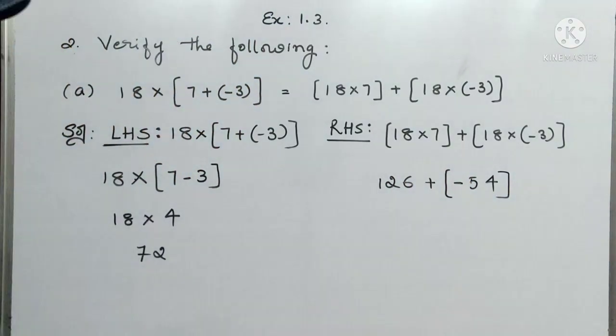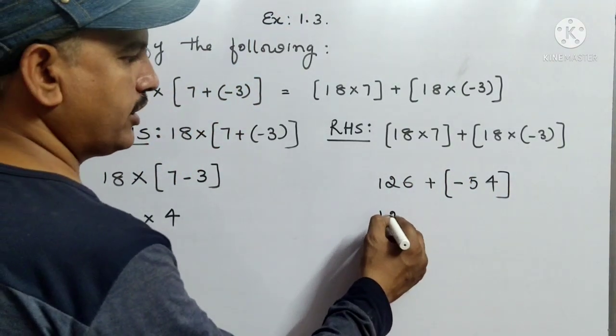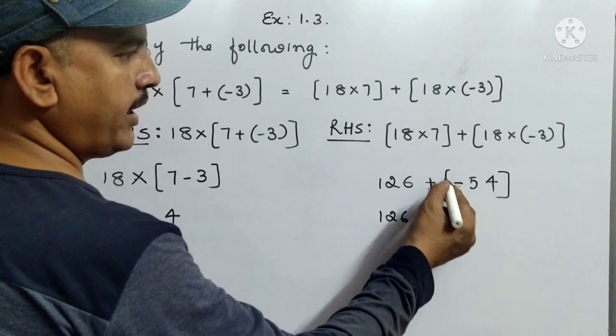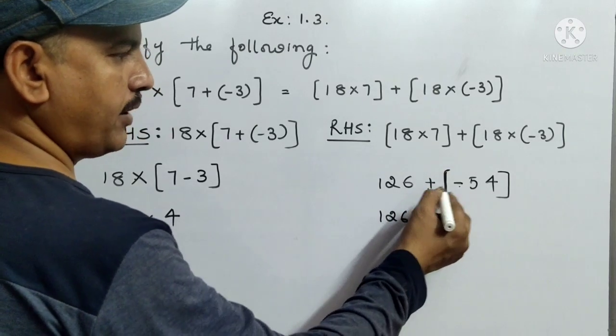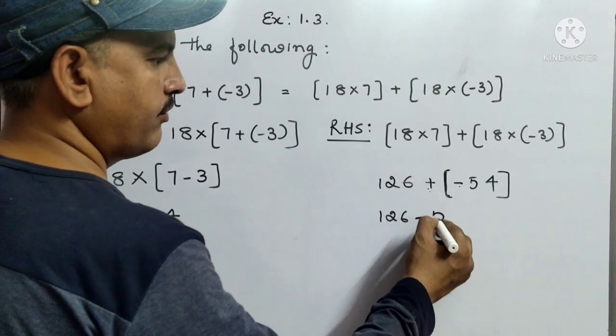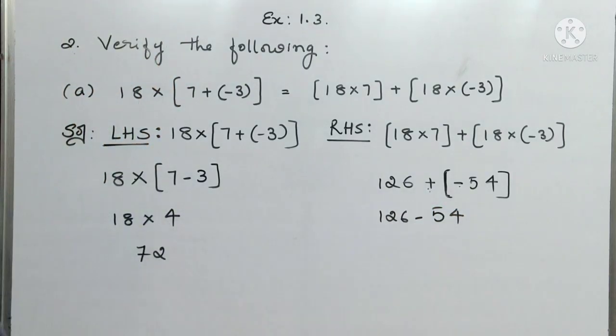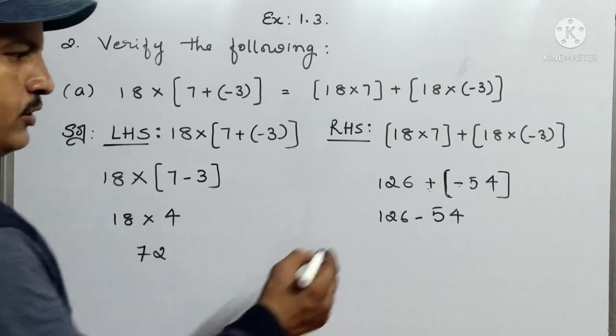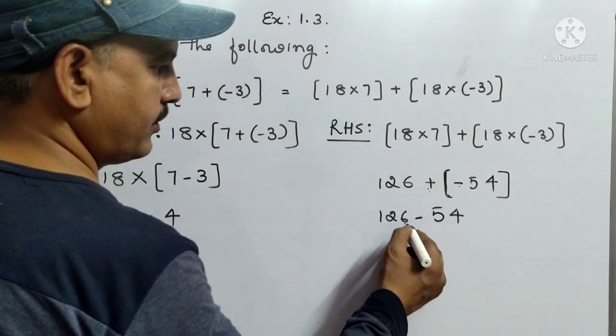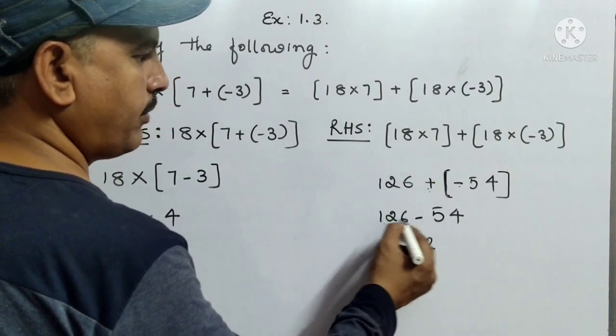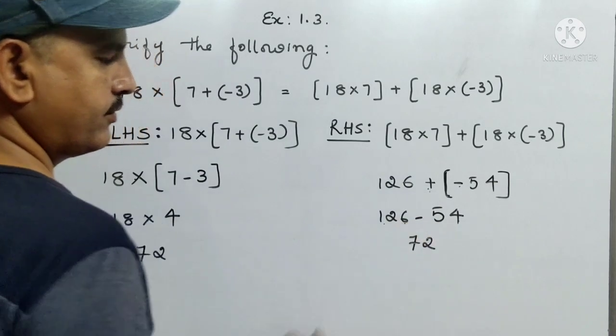Now 126 plus into minus. This bracket tells you into. So plus into minus, minus 54. Now you know what to do. 1 plus and 1 minus means you have to do subtraction. So 6 minus 4, 2. 12 minus 5, 7.